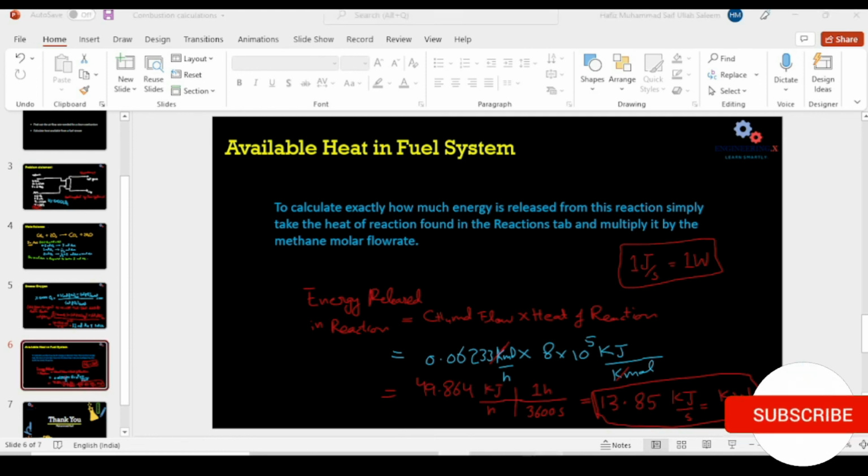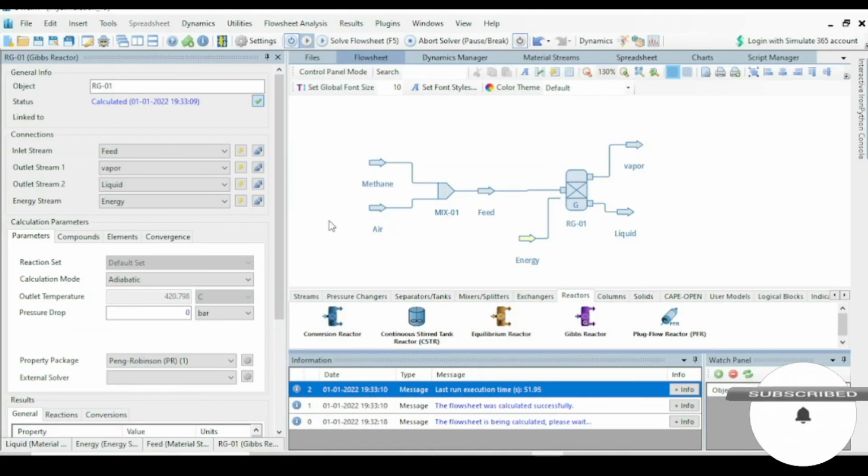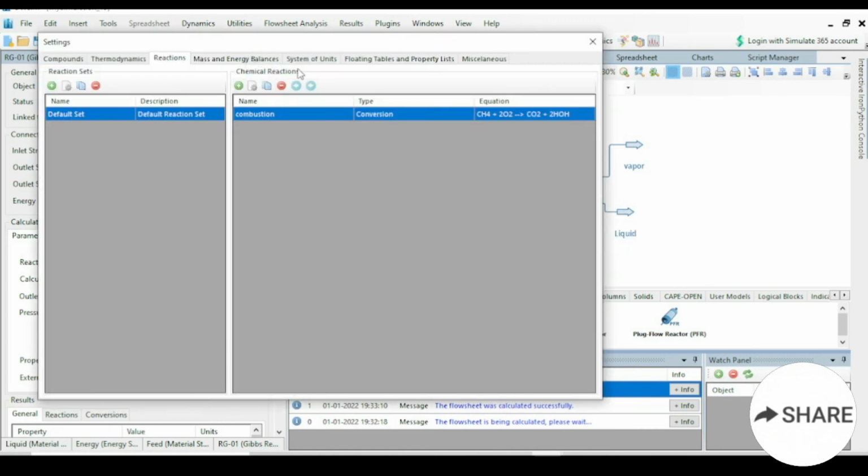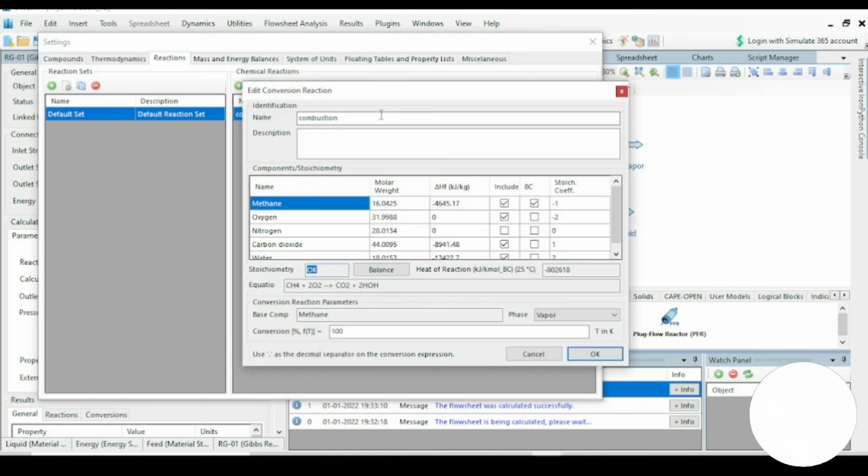So for that, just come to this flow sheet, go to the settings, and then double click on this reaction, and here you can see heat of reaction kilojoule per kmol with respect to base component, that is the methane. So it is approximately 8 into 10 raised to power 5.